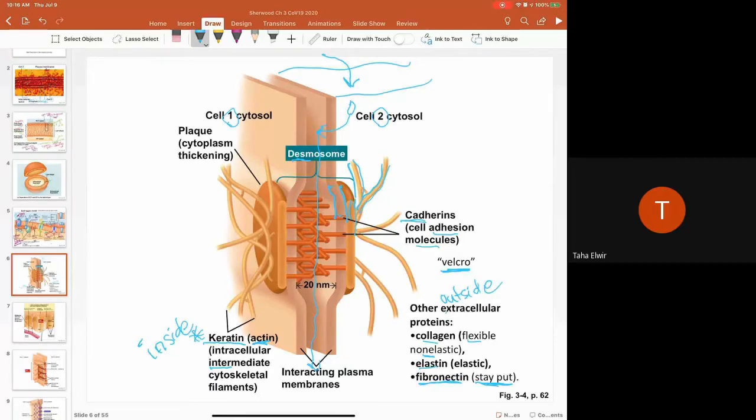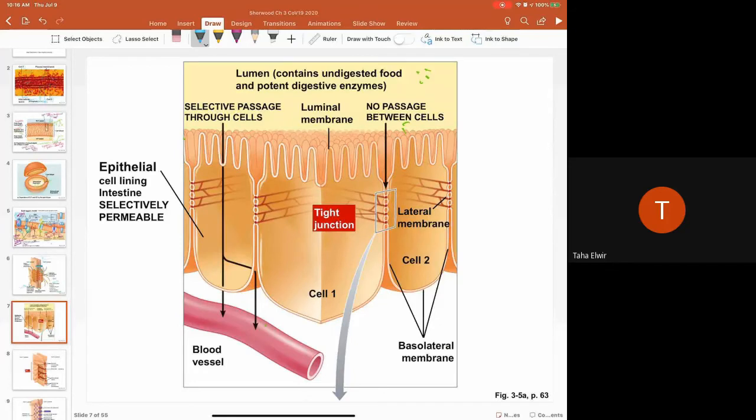But the next cell adhesion is the tight junction. This type of attachment prevents the passage between cells. So this forces the substance.